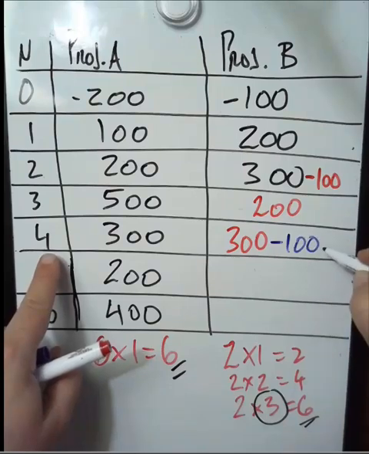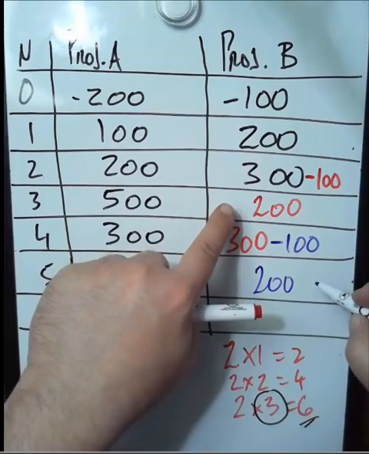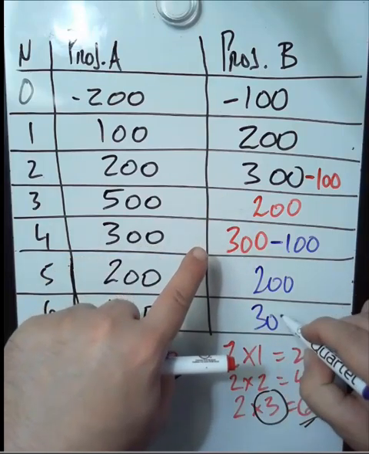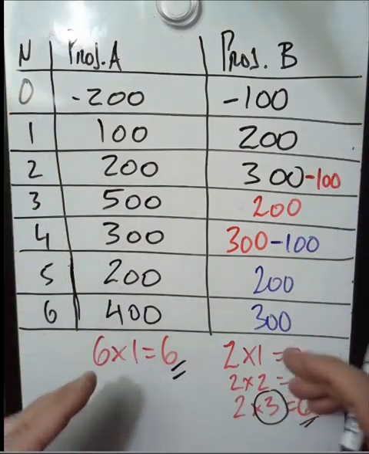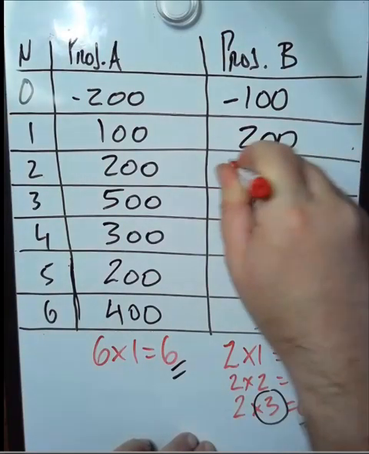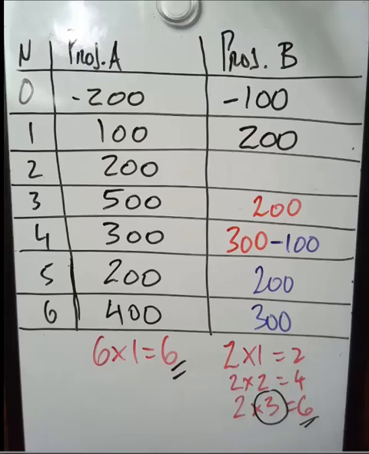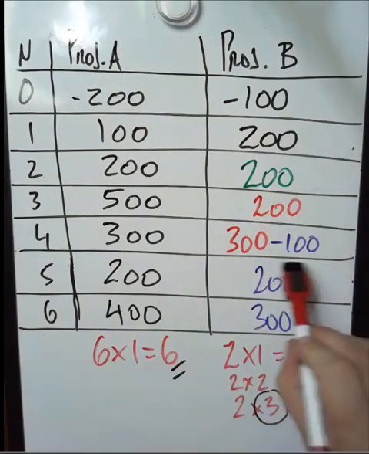So we need to invest again 100 to get 200 and then 300. So now we have two equally lived projects where the net cash flows here, this cash flow, we can simply write 200, and here also 200.